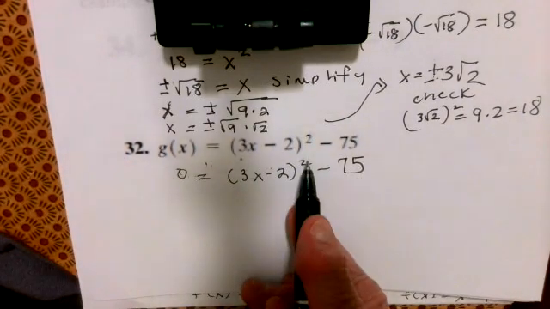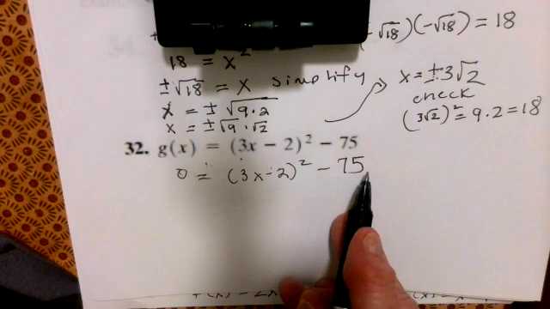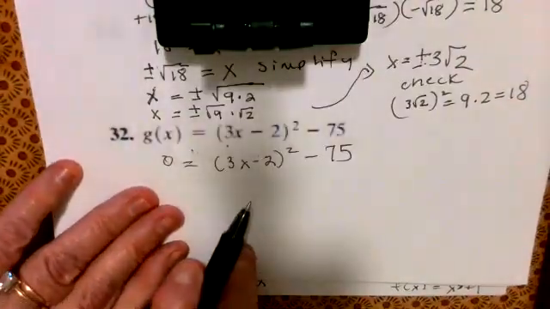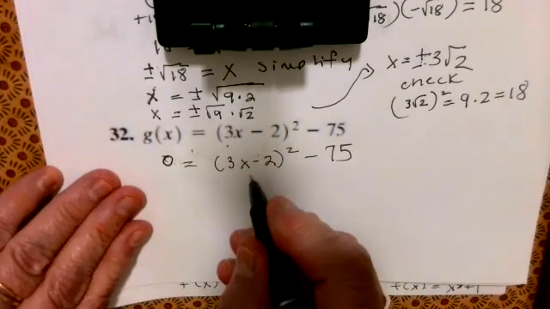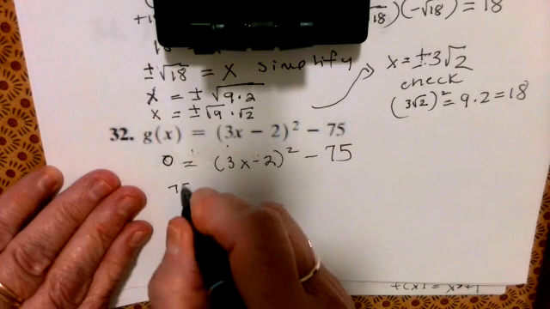You could multiply this out and get a trinomial and then factor it. That would be more work, but you certainly can do that. But if I tell you to use the square root property on a test, I mean for you to use the square root property. So then what I can do is add 75 to both sides.